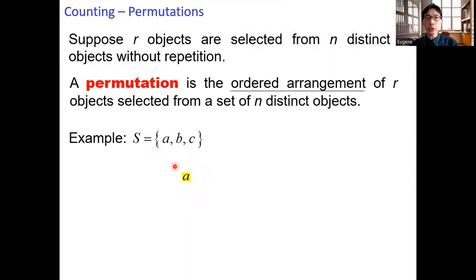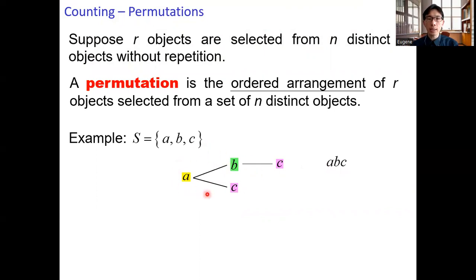Suppose the first letter we choose is the letter A. And then for the second letter, because we are choosing the letters without repetition, the second letter should be either B or C. If we choose the letter B, then we have A, B, and then the last letter, we have no choice. This must be the letter C. So in this first instance, we have the ordered arrangement A, B, C.